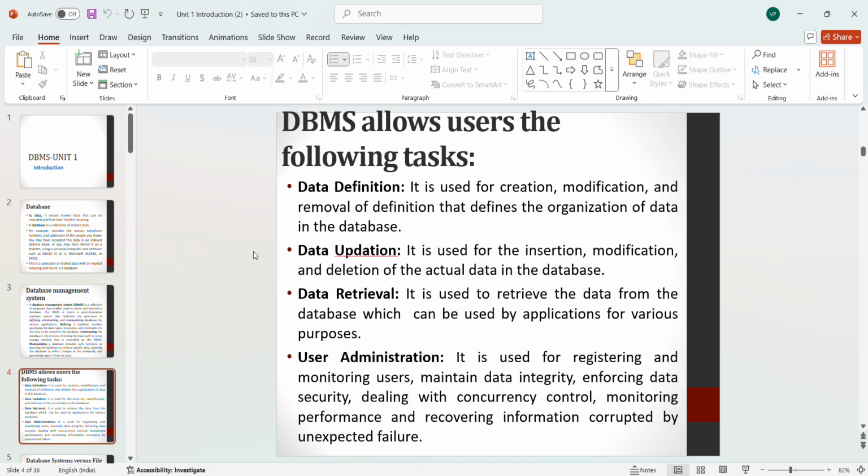Now, the DBMS allows users the following tasks: data definition, data updation, data retrieval, and user administration. Now, what is user administration? It is used for registering and monitoring users, maintaining data integrity, enforcing data security, dealing with concurrency control, monitoring performance, and recovering information corrupted by unexpected failure.